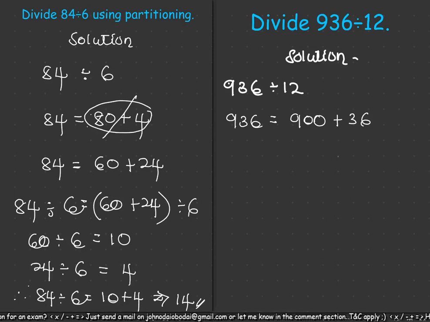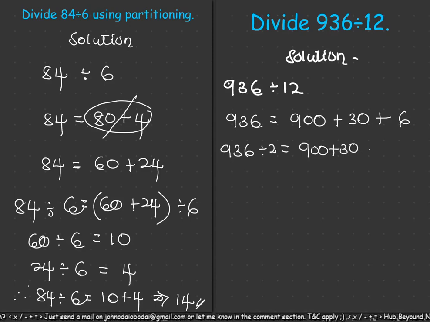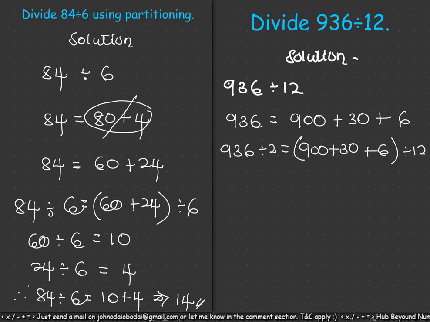And just to prove that even if you write 30 plus 6, it would still work, let's try that. So 936 divided by 12 is going to be 900 plus 30 plus 6, all divided by 12.